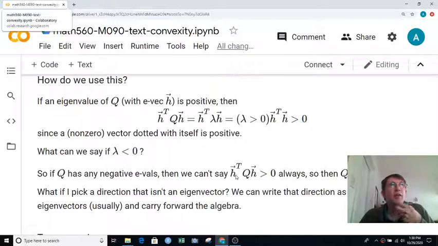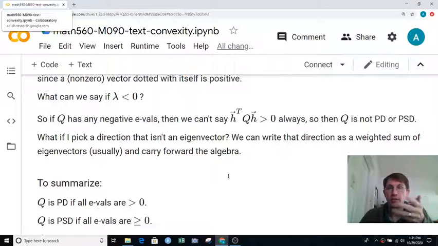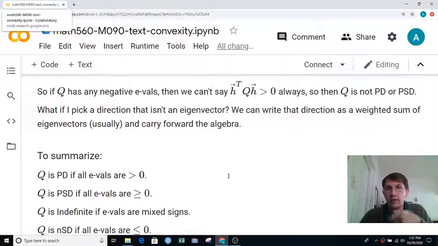You might say, why do we keep picking directions that are eigenvalues, eigenvectors? There's lots of directions that aren't eigenvectors. Turns out you can write a direction as a sum of weighted eigenvectors usually, and just do a bunch of algebra and it all works. So apparently eigenvalues being positive or negative makes all the difference in being positive definite or negative definite.